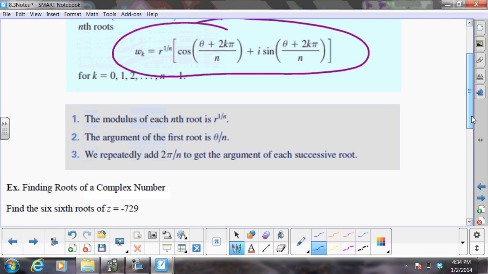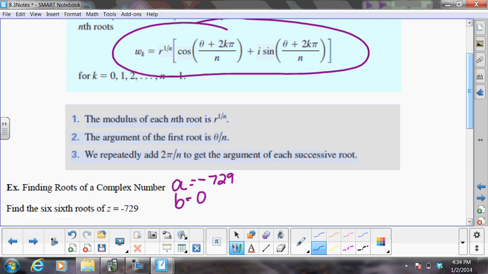There's an n, there's an r, there's a theta, there's a k, so there's lots of stuff to find out. All right, so if we're looking for the sixth root of z equals negative 729, that means a is negative 729, b is 0, because there is no imaginary part.